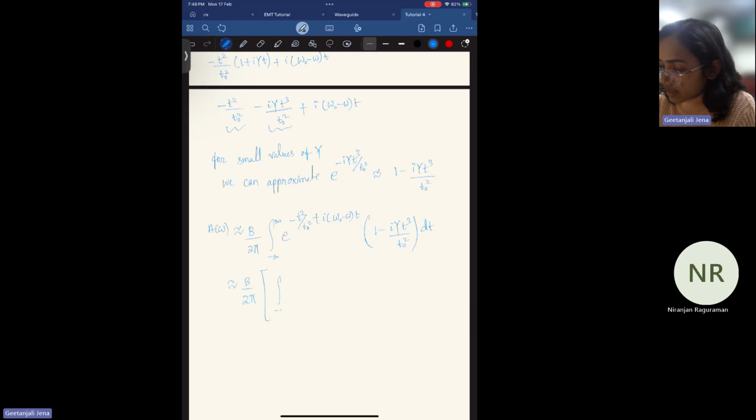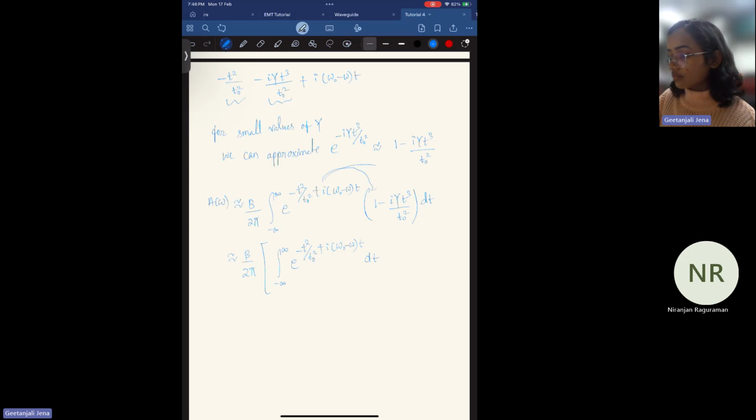One term will have the integral of e to the power minus t square by T0 square plus i omega 0 minus omega t dt, and the other part, minus i gamma over T0 square, integral of t cube e to the power minus t square by T0 square plus i omega 0 minus omega t.